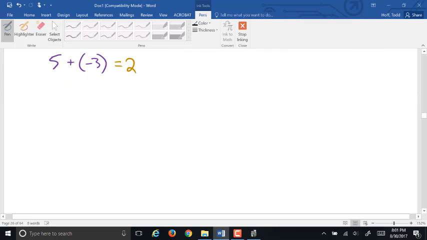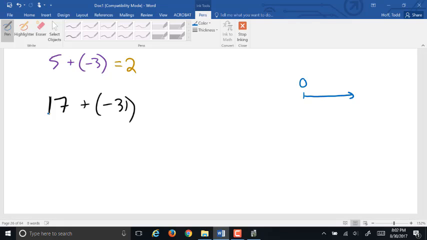If I have something like 17 plus a negative 31, I'm looking at this. Here's 0. Positive 17 goes that way. Negative 31 being negative goes the opposite direction, doesn't it? Is it longer or shorter than 17? It's longer. That's what we call having a larger magnitude.